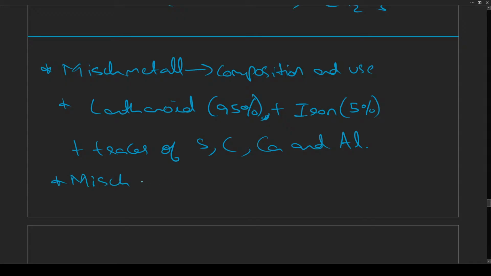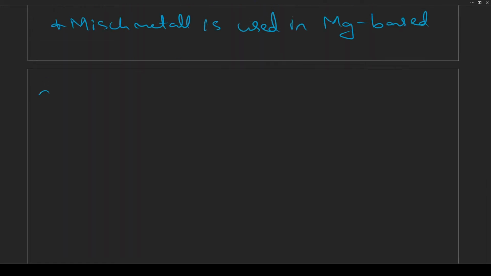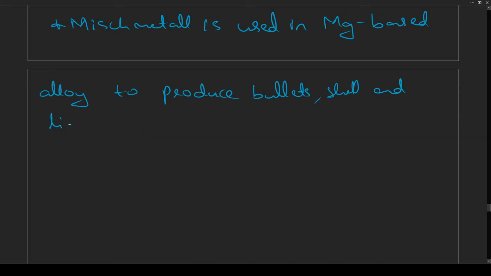Mixed metal is used in magnesium based alloy to produce bullets, shell, and lighter flint.